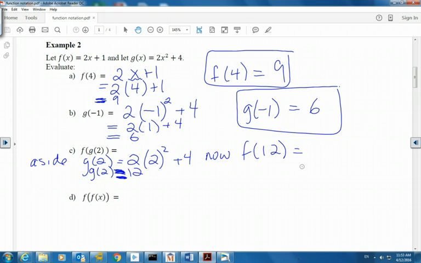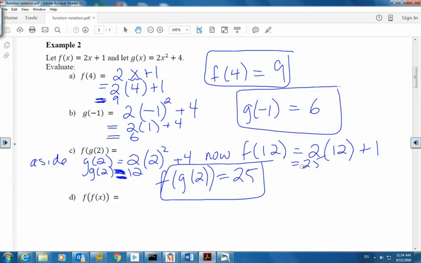So what is f of 12? 2 times 12 plus 1, and that equals 25. So what is my final answer? f of g of 2 equals 25.